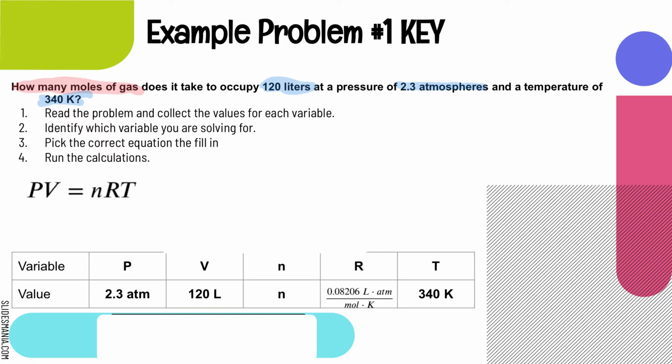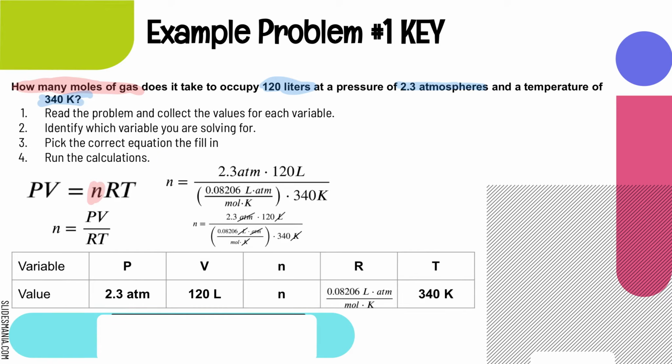So now that we have that, we need to rearrange to solve for the variable that we're looking for. We're looking for N here. So when we rearrange our equation, we get N is equal to PV divided by R times T. Then we just start filling in our variables.